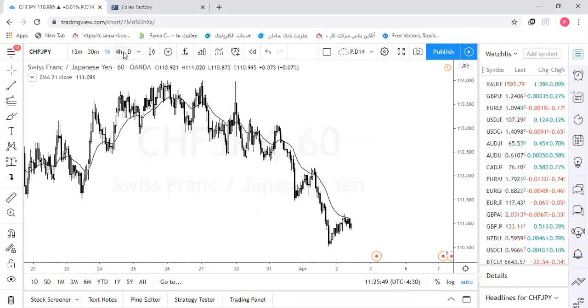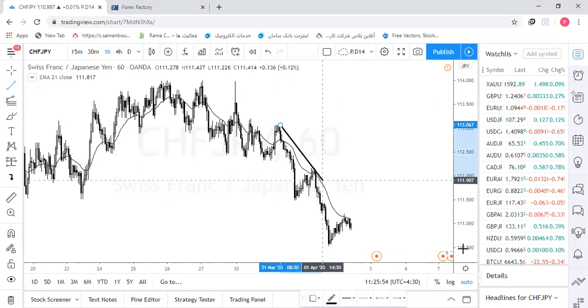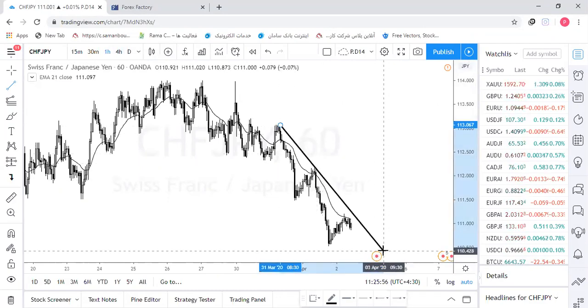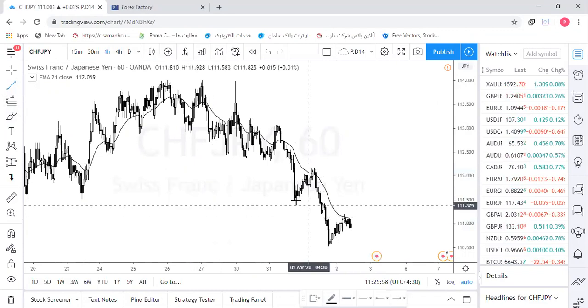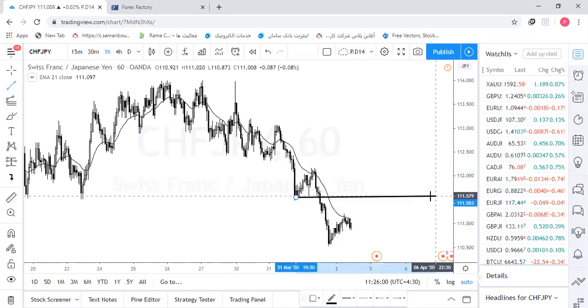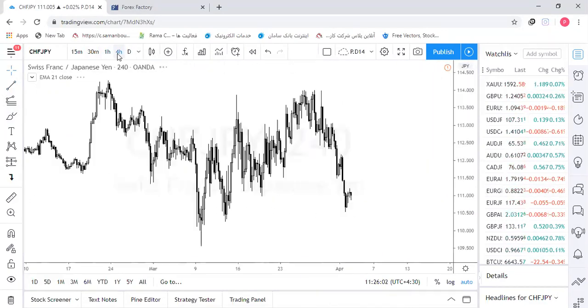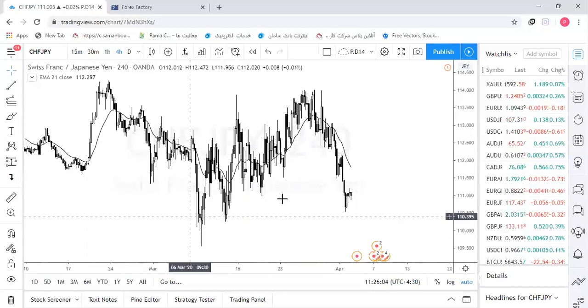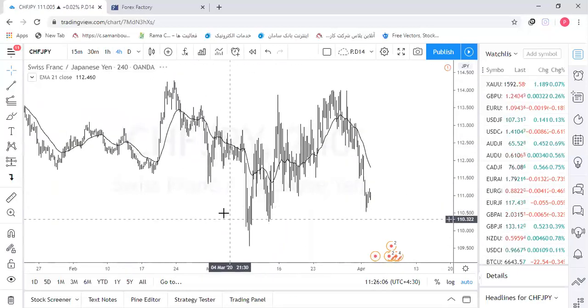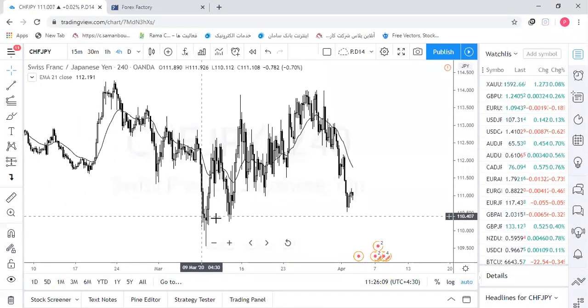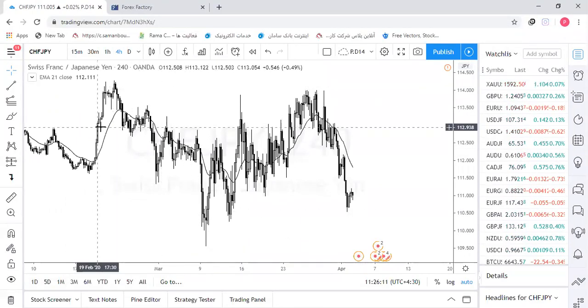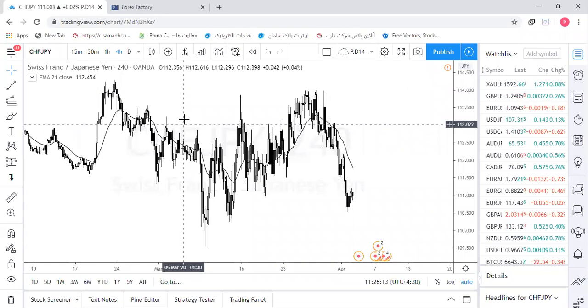So if you are going to take, you can just take sells. Even if price breaks this trend line, it's not very important. Price is in a bearish trend, and it's most likely to retest this area, okay? But I don't like it at all because price moved like this. So until price breaks this area or this area, I won't take anything on this one.